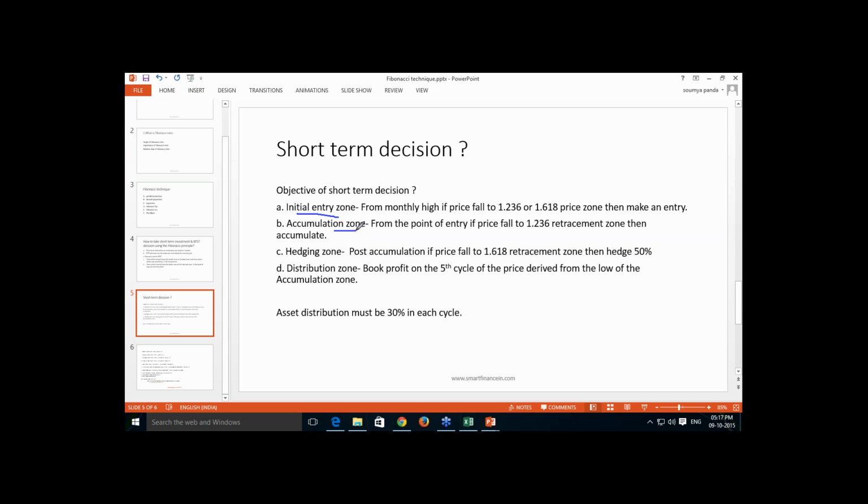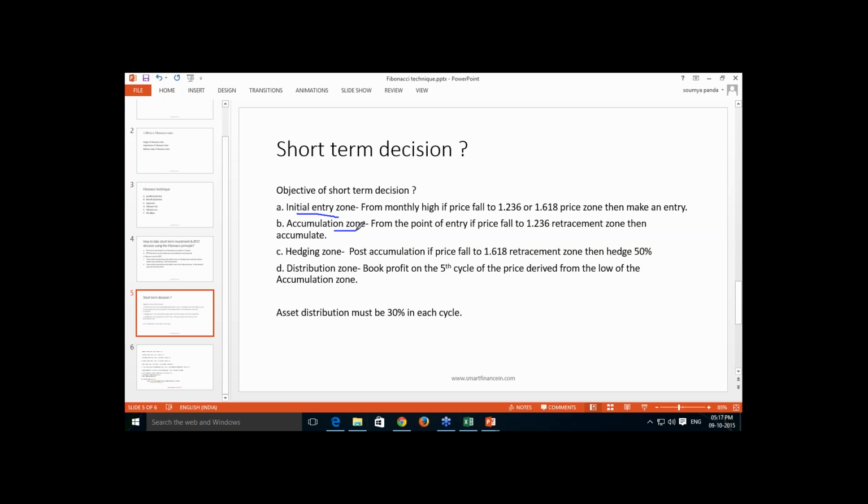If there is no need for hedging, then he will just be holding his portfolio, and there is a distribution zone, meaning he has to book the profit and come out of this. So these two also have a specific rule. Whatever rules we are learning here are the rules of an institution. These are the rules followed by many of your prominent mutual fund industry analysts.